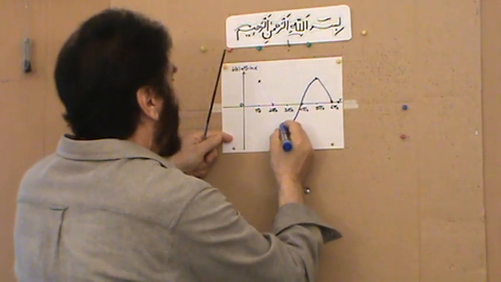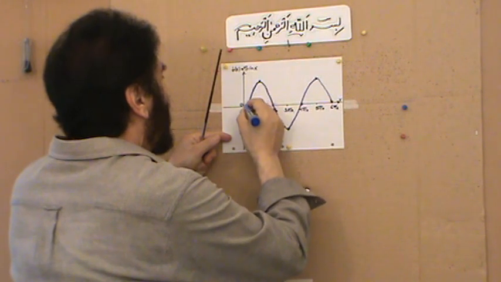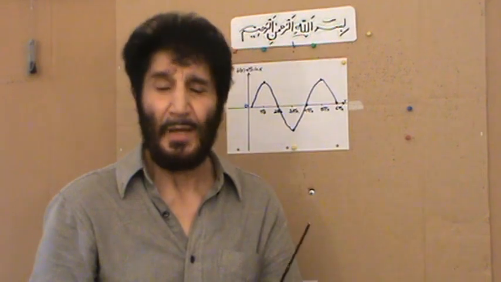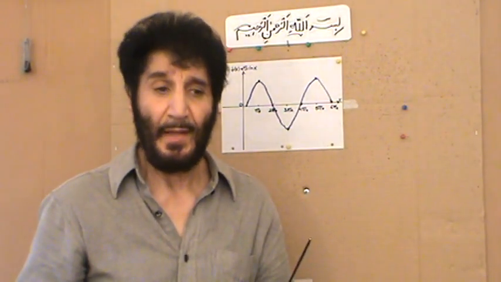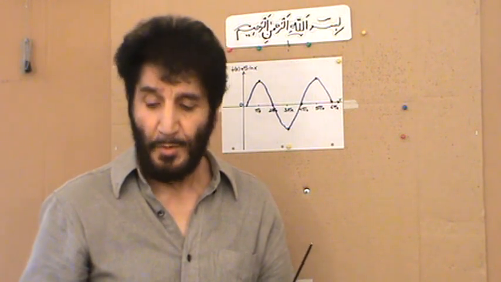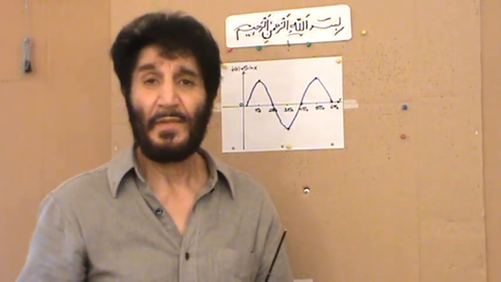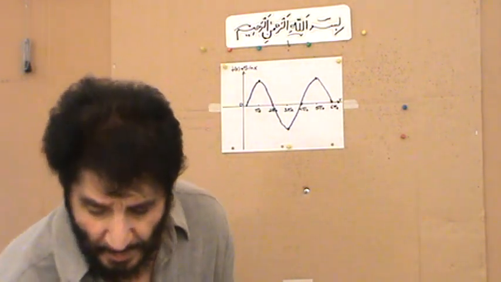It's a wave, and in wave theory, the graphs of sine and cosine functions play a very important role. The entire physics and quantum mechanics is really based on wave theory, which comes from the graph of sine and cosine. So they play a very important role in that regard.